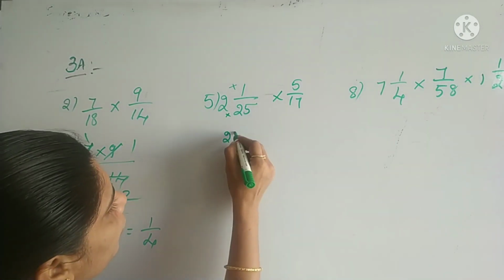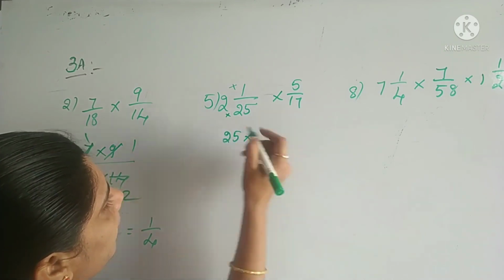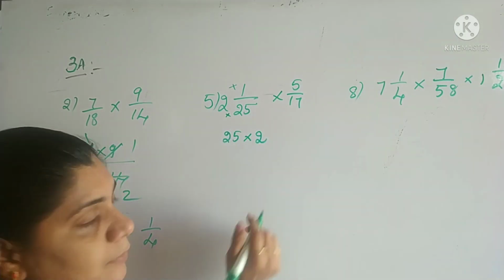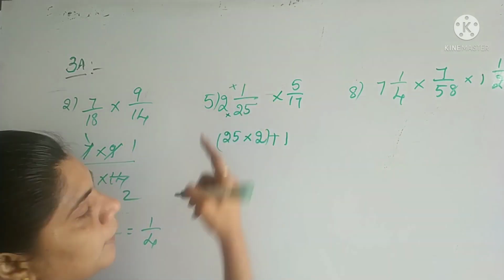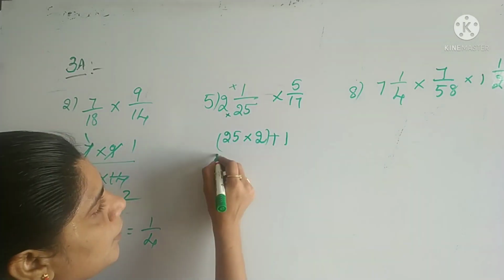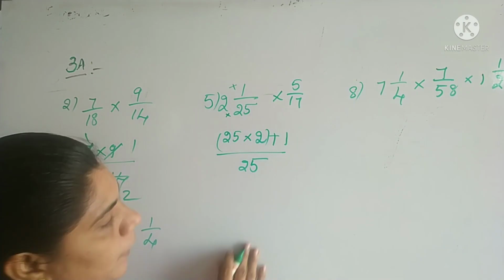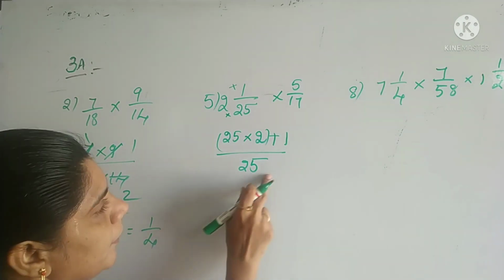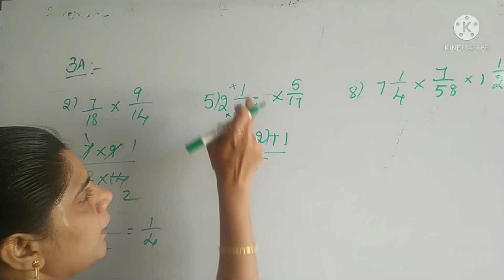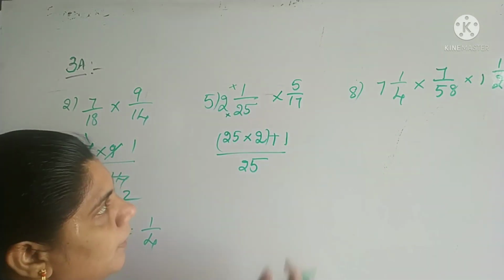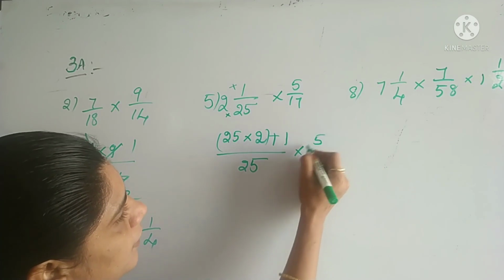So what is this one? 25. Multiply the whole number with the denominator, and then add plus 1, that is the numerator. So that is whole divided by 25. The denominator stays as it is; only the numerator changes.